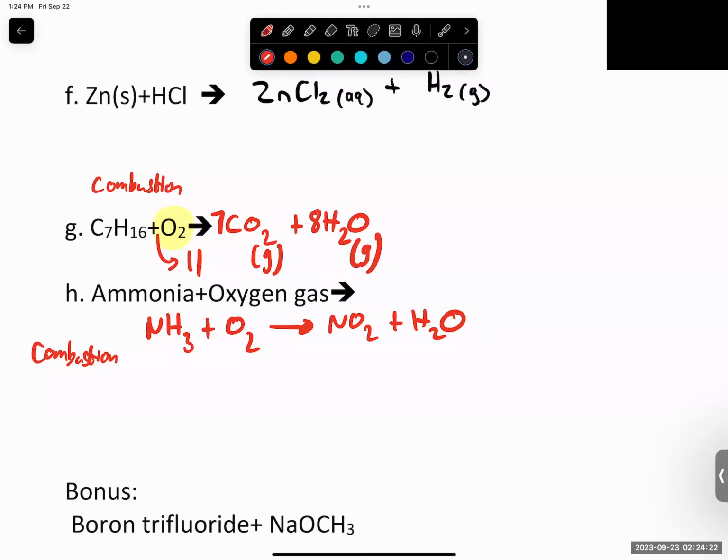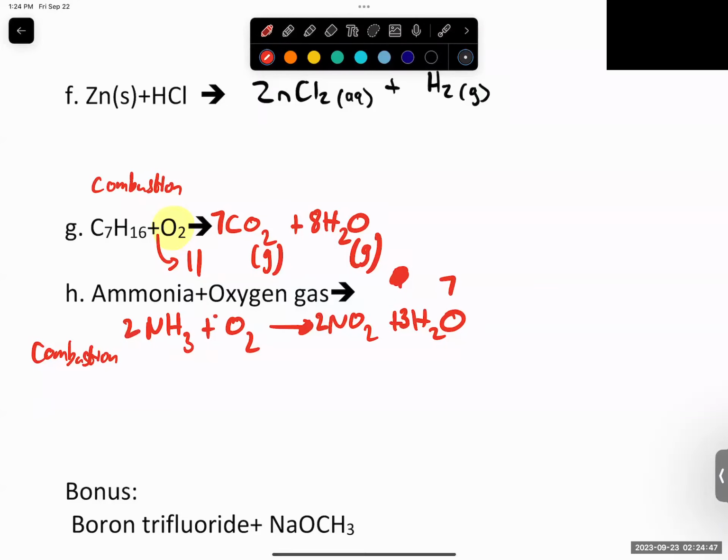So here my nitrogens are balanced, so we're good there. I'm gonna add a 3 in front of these hydrogens to balance them. That'll increase my reactant number to 6. So I'm gonna put a 2 right here. Oh no, now my nitrogens are not balanced. So I'm gonna put a 2 right here. So we have 4 plus 3, 7 oxygens. The total number of oxygens is odd in this case.